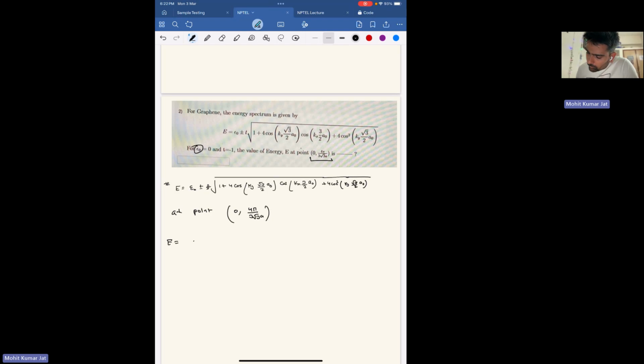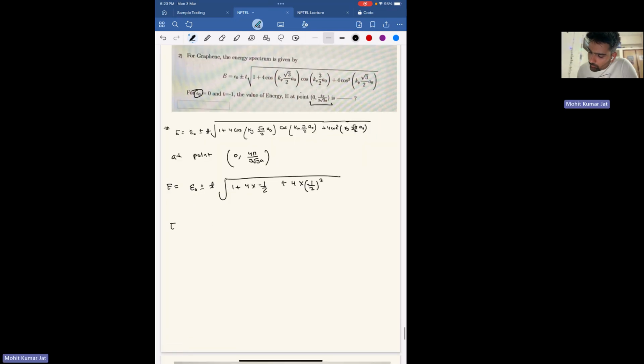E equals E naught plus or minus T under root 1 plus 4 times, if this is the case, it will be minus half, plus 4 times half square, minus half square. So E equals E naught plus or minus T times 0, equal to E naught. For E naught equal to 0, this implies E equals 0. So the correct answer here will be 0. That's the answer for this.